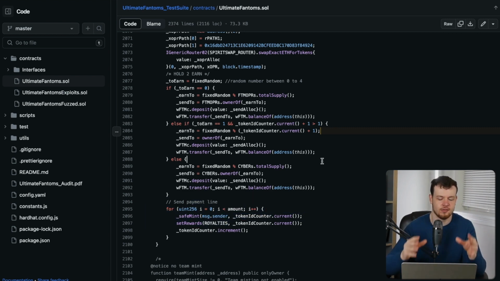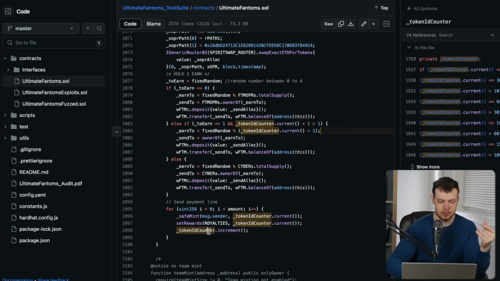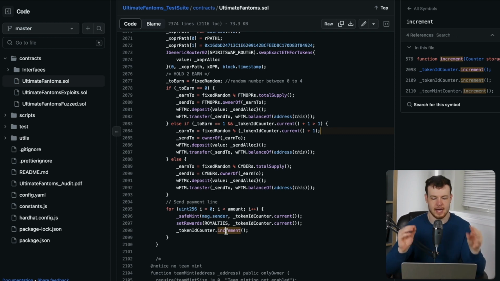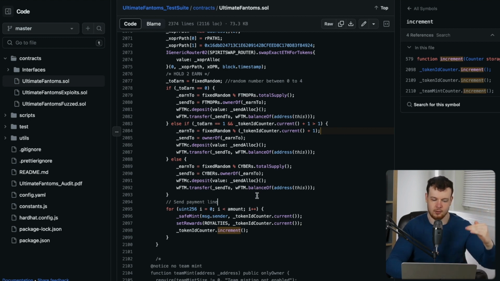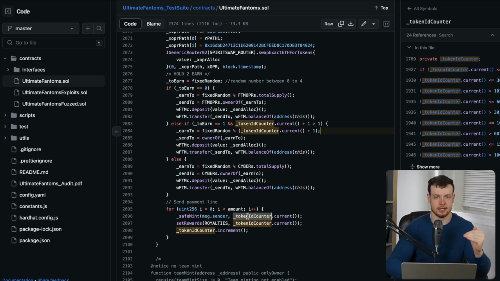Specifically, if we focus in and look at how the IDs of this token ID counter are being handled with the actual NFTs being minted, we can see that as we're first entering this for loop for this very first safe mint, whatever the token ID counter currently is, is what is about to be minted.